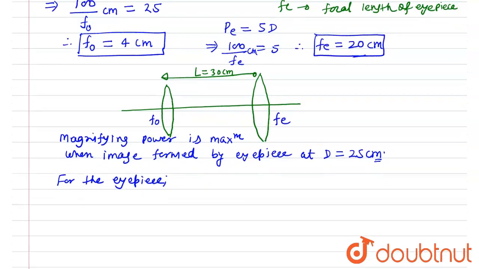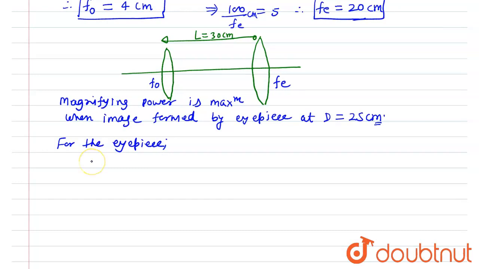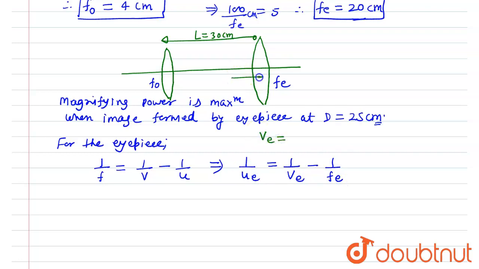Okay, so for the eyepiece, using the lens formula, 1 upon f equals 1 upon v minus 1 upon u. So 1 upon u equals 1 upon Ve minus 1 upon Fe. Here we consider this side as negative and this side as positive.